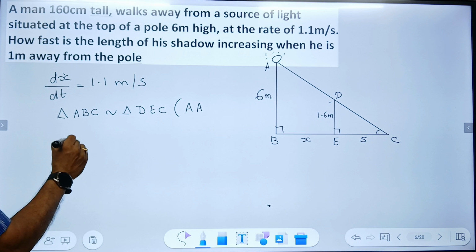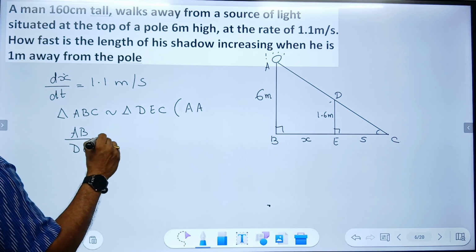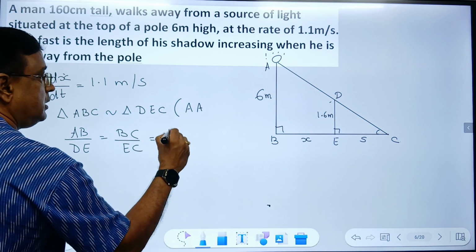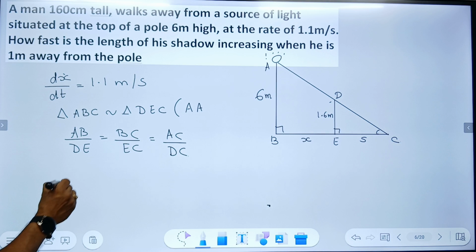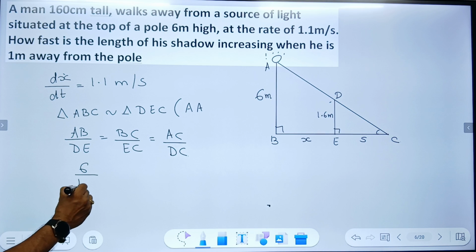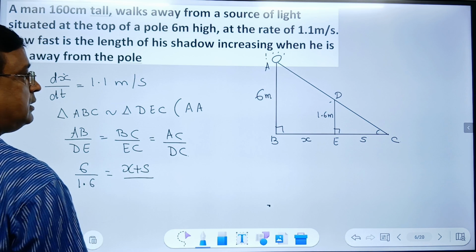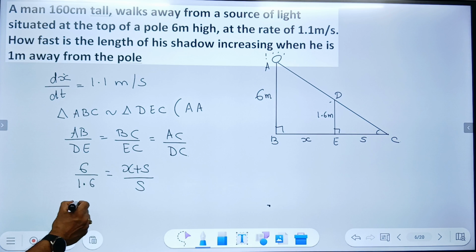Now by ratios, what do you get? AB by DE equal to BC by EC equal to AC by DC. Now what is AB? AB is 6, DE is 1.6, and BC is x plus s, and EC is s.